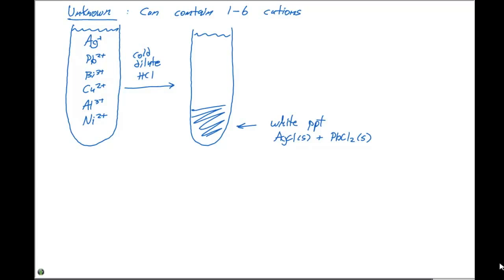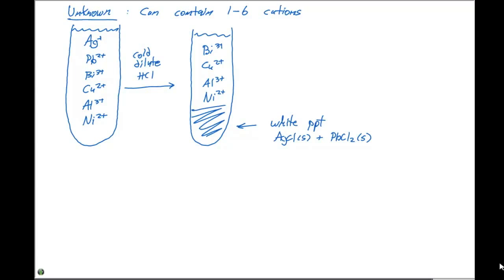In solution, we're still going to have bismuth 3+, copper 2+, aluminum 3+, and nickel 2+. So this is an effective separation to remove silver and lead from solution.